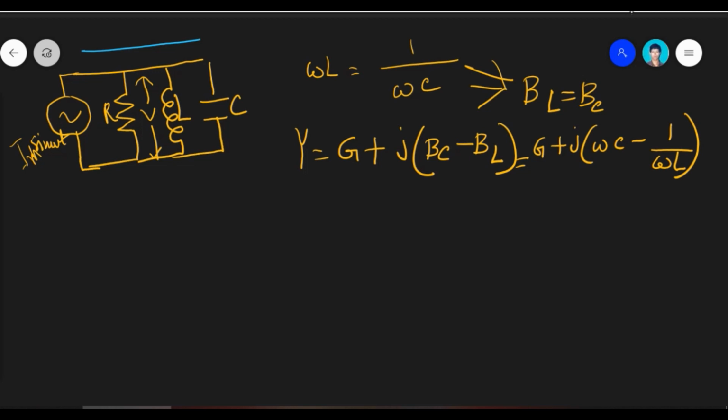When omega L is equal to 1 by omega C, the imaginary part or susceptance part will become 0 and you will be left with only the conductance part.